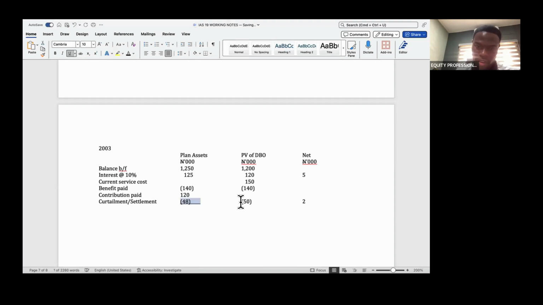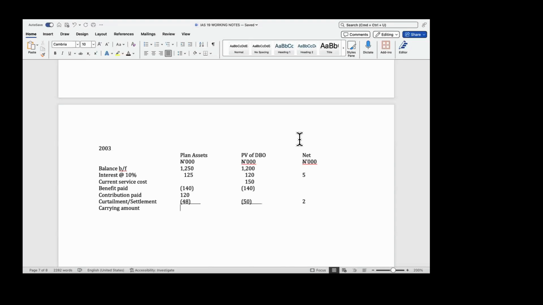So let's close it. So, carrying amount. Can you cumulate it for me, please? Plan asset is 1,307.